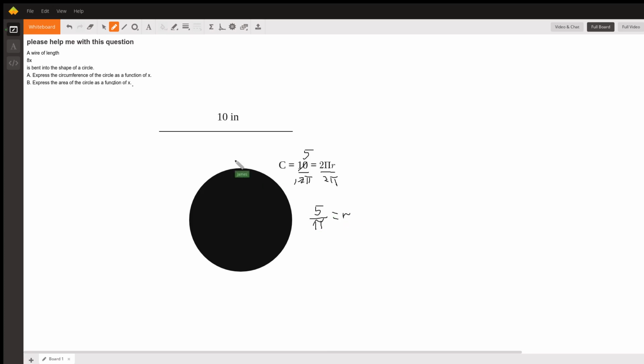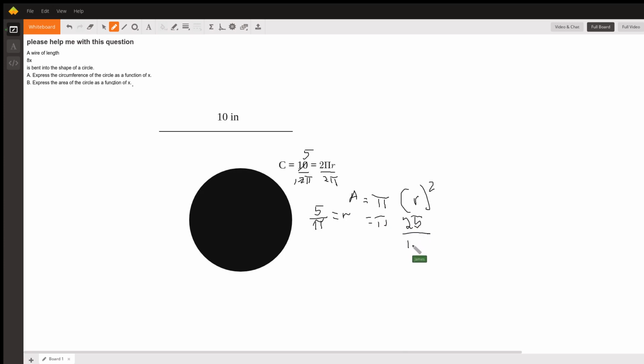So in order to find the area of the circle, I would just need to put in pi times r squared. Well, we can rewrite that. That's area equals pi times 25 over pi squared.